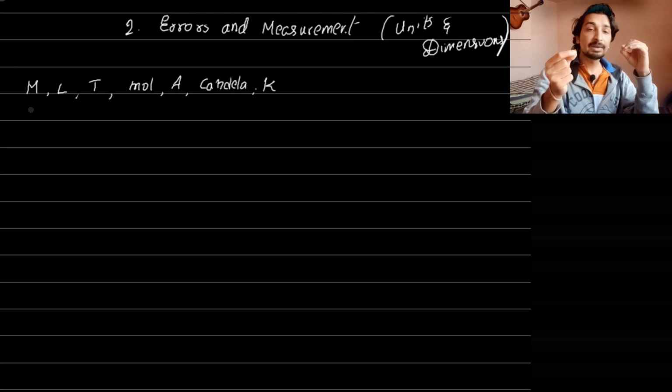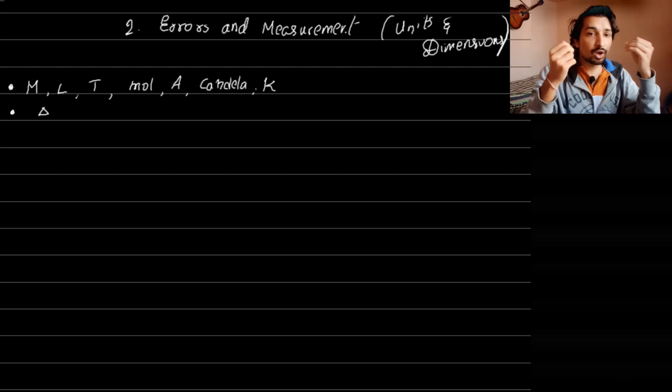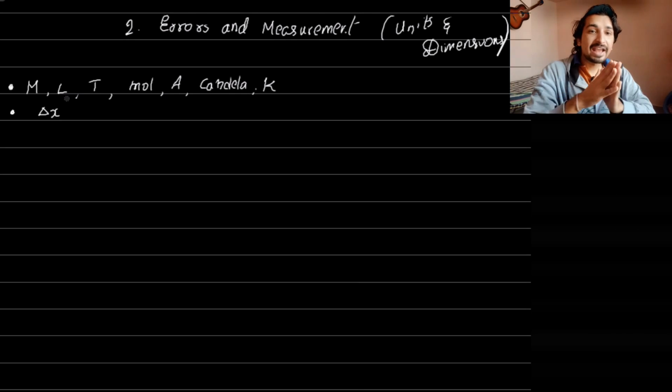Whenever you do some calculation or make a measurement, there is an obvious chance of error, right? We are all human beings and we make a lot of errors. So what is this error? Error is nothing but the deviation from the actual value.